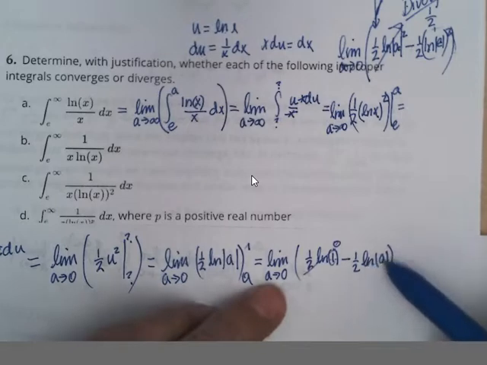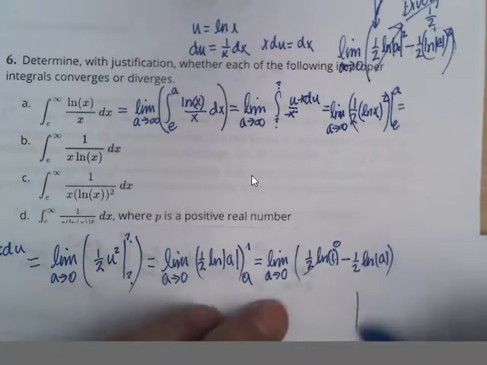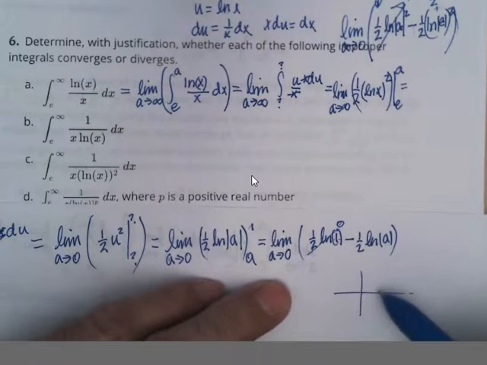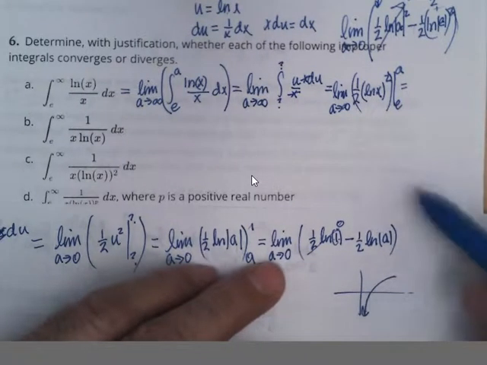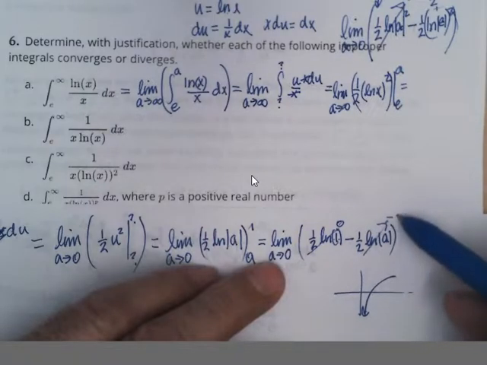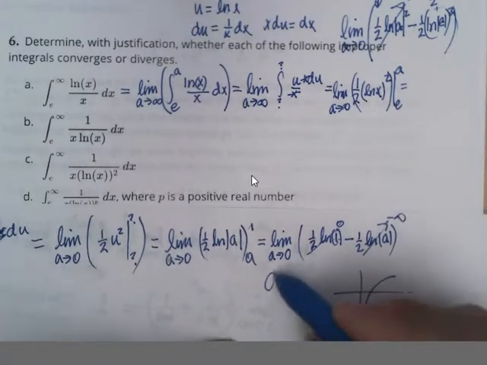And ln of this, the graph of ln will go off to negative infinity when we get close to 0. So this goes to negative infinity, so this diverges.